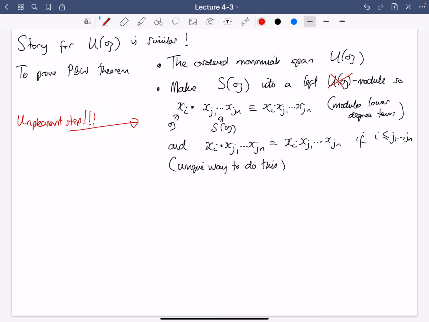It's all done by induction on degree, and it's just a little bit too technical for me to have any desire to go through it here. Once you've constructed that module, then you use this action to show the linear independence of the PBW monomials. All you have to do for that is act on the identity element in the symmetric algebra, and that does your job.